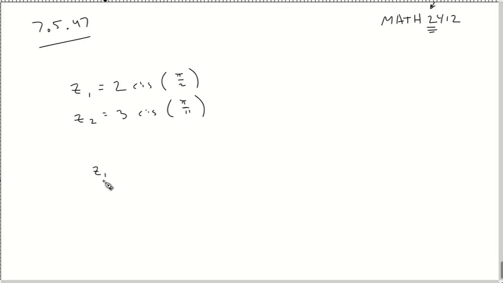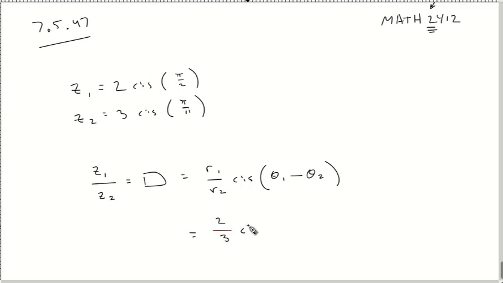Anyways, here they're wanting Z1 divided by Z2. So let's do a formula for it. It's actually very simple. It's R1 over R2 CIS of theta 1 minus theta 2. So if you're dividing, you divide on the outside, like you should, but then on the inside, you're subtracting.